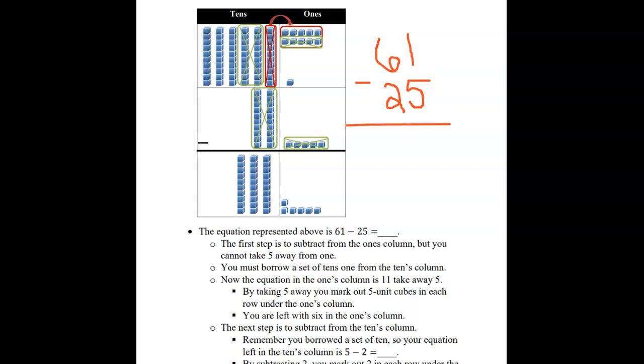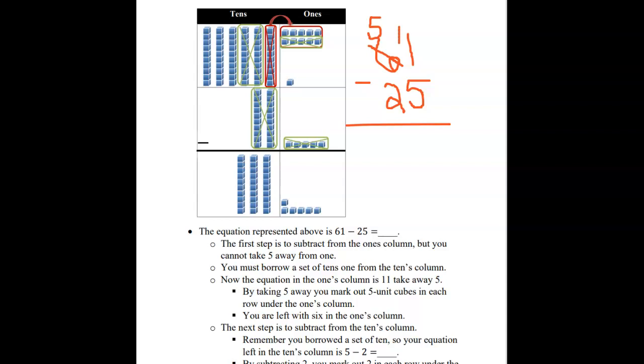We can't take 5 away from 1. How are we going to do this? Same thing as in adding. We have to borrow a set of 10 from the tens column. Okay, so we're borrowing 1, so we got to cross that out. It becomes a 5. And then we put 1 over here.